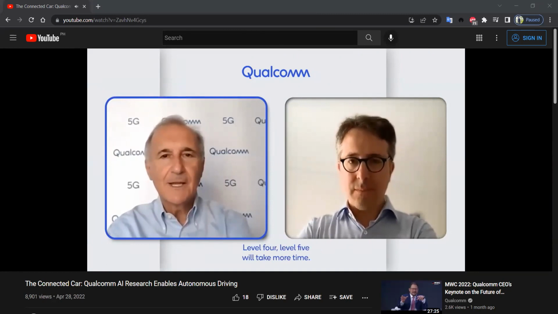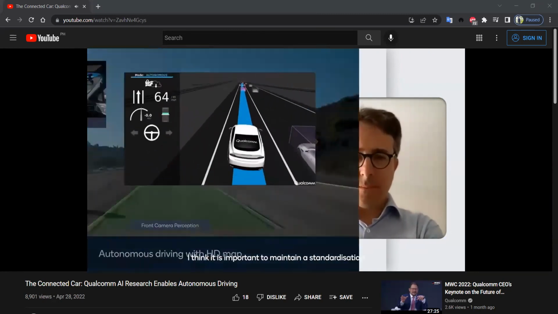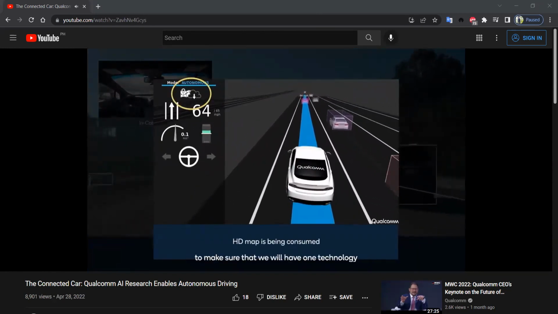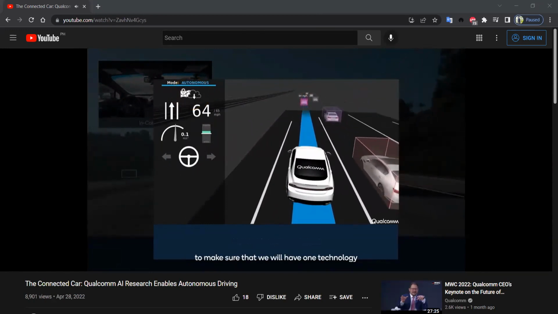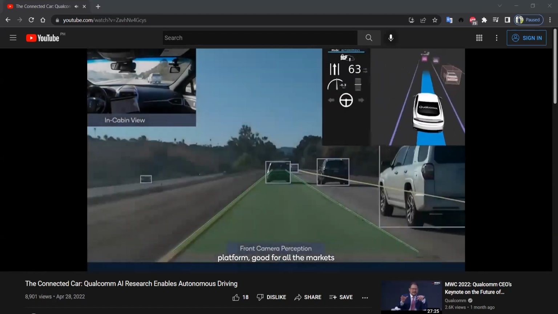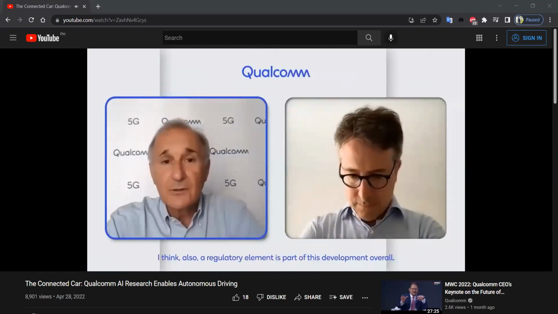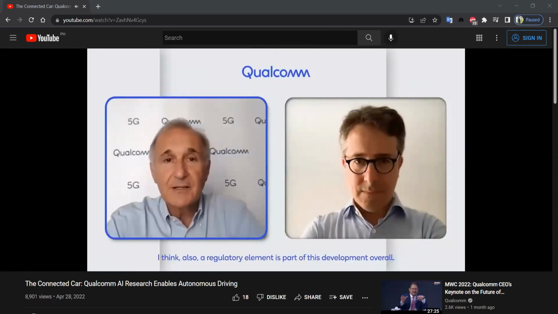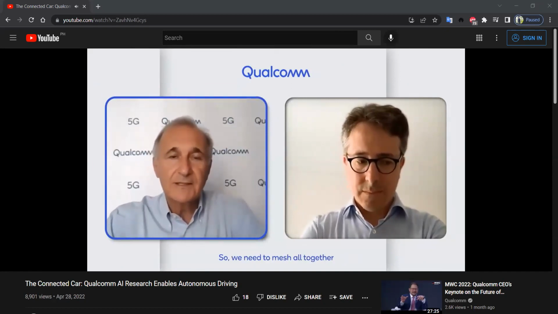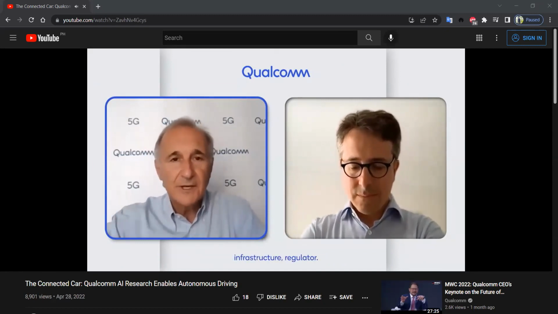I think level 4 and level 5 will take more time. It's important to maintain standardization so that we have one technology, one platform good for all the markets. There is also a regulatory element as part of this development. So we need to march all together: technology providers, car manufacturers, infrastructure, and regulators.